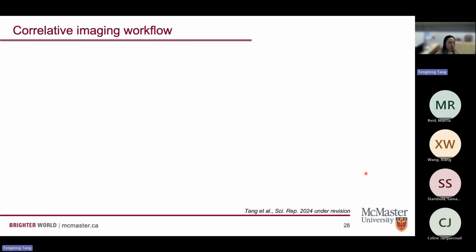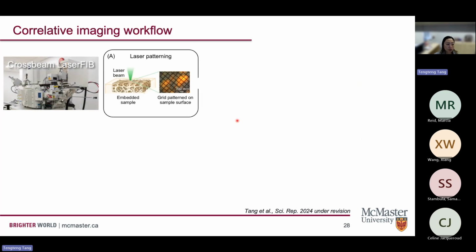In terms of the correlative imaging workflow that we have established here at the CCEM, we first utilize the Crossbeam laser FIB to create a customized grid on top of the sample surface. Here is an illustration of a piece of human trabecular bone tissue that's embedded inside this plastic resin. And then we use the laser FIB to create this grid on the sample surface.